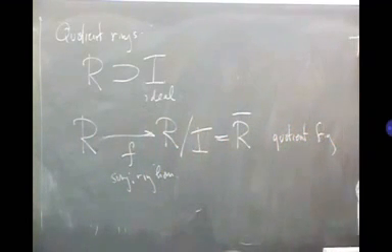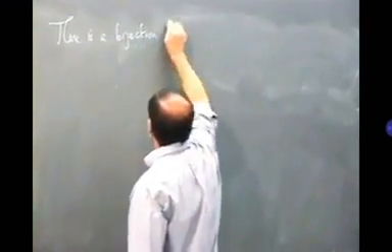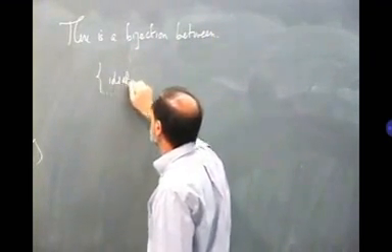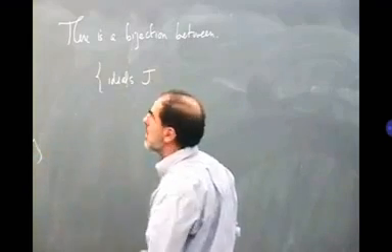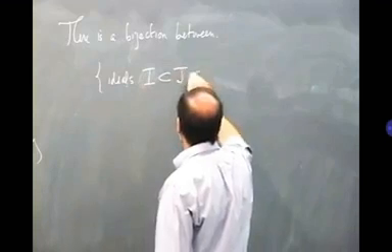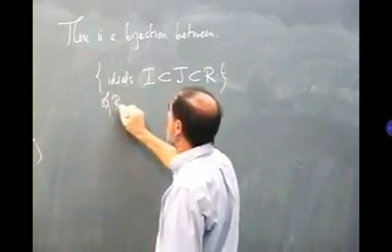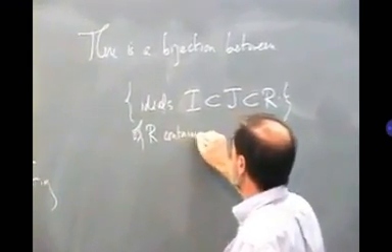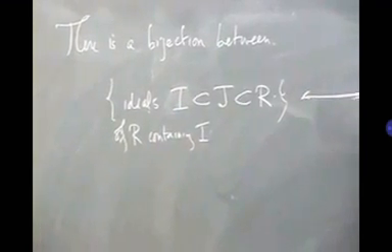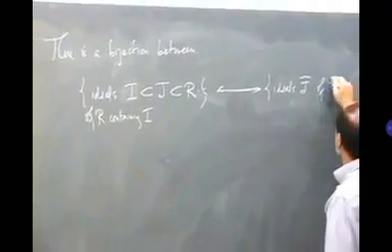It says there is a bijection between, on the one hand, ideals J in R that contain I, so ideals of R containing I, and they're in bijection with the set of ideals J bar of R bar.